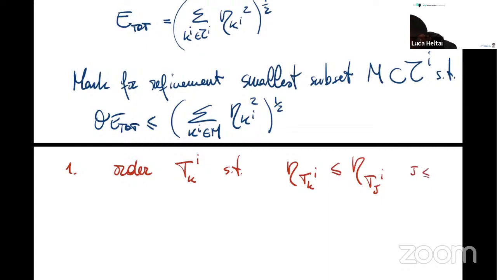Depends on how you want to order this, okay? So we order them in such a way that whenever you have a smaller j with respect to k, then, or a smaller T k with respect to j, so let's use the same order.